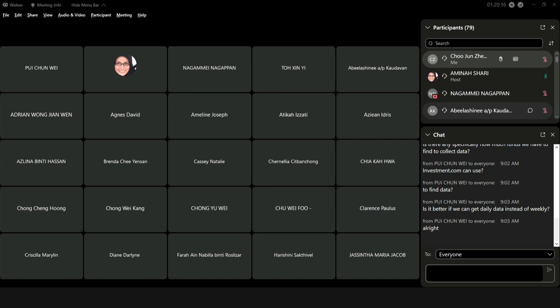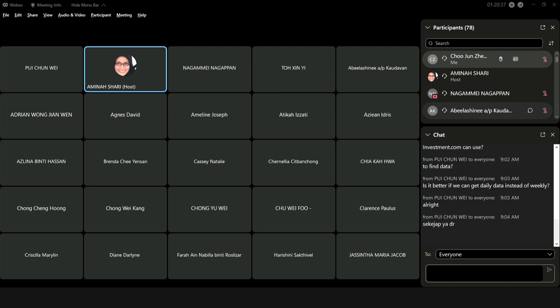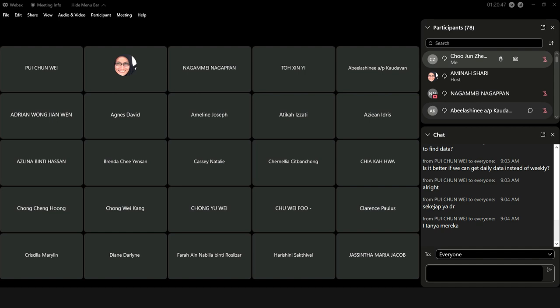Okay, ada lagi soalan? Ada lagi daripada group you? Okay, kalau group Puchunway dah settle, any other group yang ada lagi masalah nak discuss?